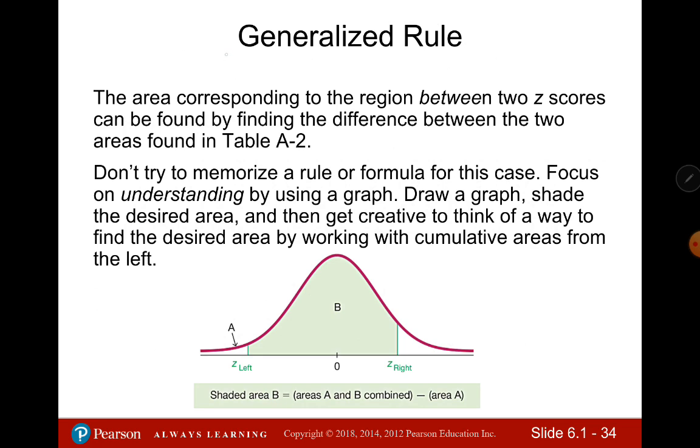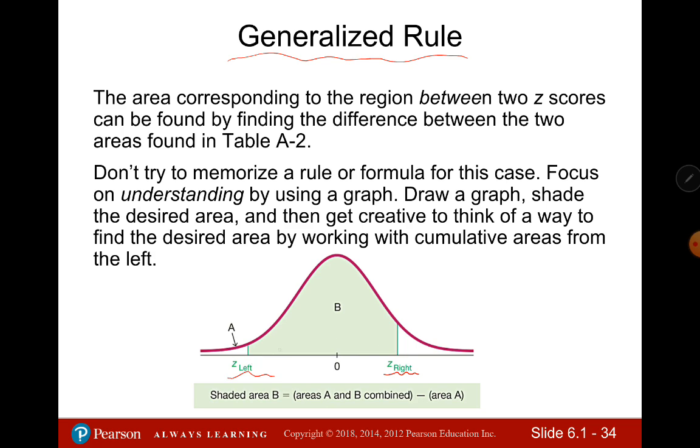So this is the generalized rule if we are talking about the area between two values. First, which z-score is on the right? We can start with the z-score on the right side. If we have a positive score and a negative score, of course the positive score is on the right, right?